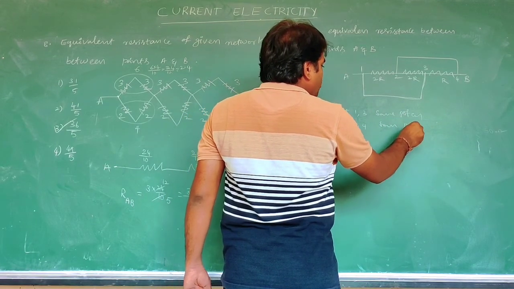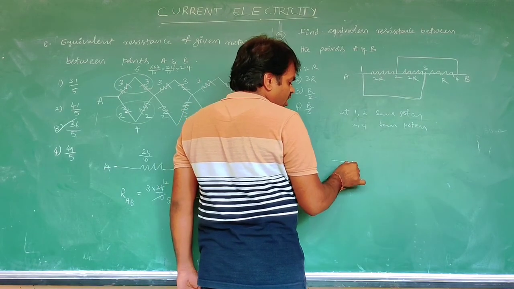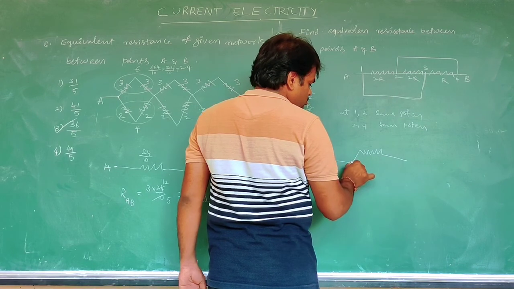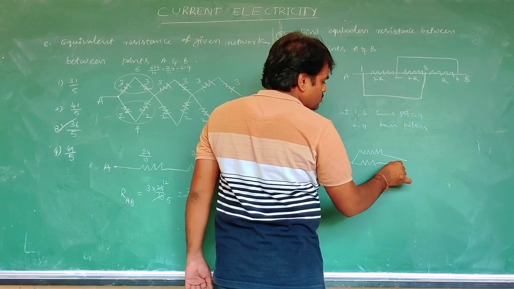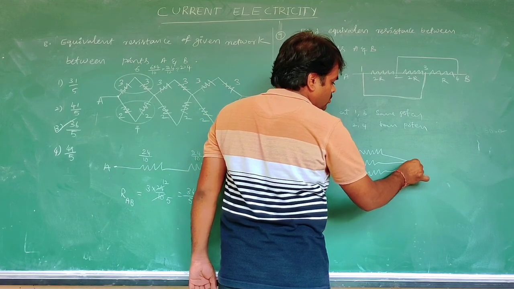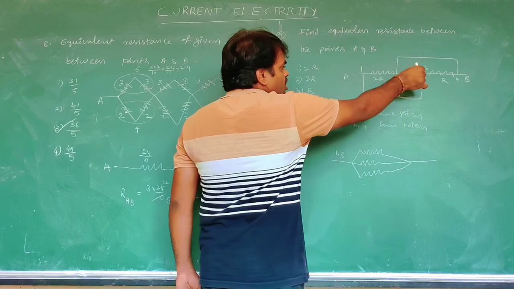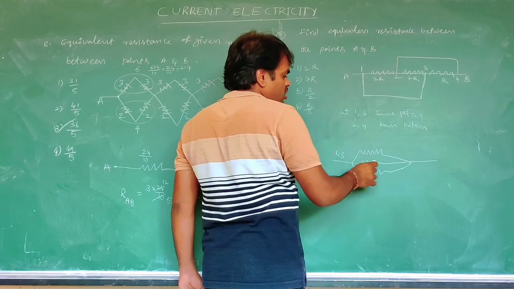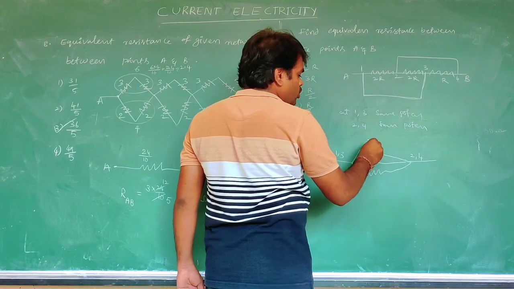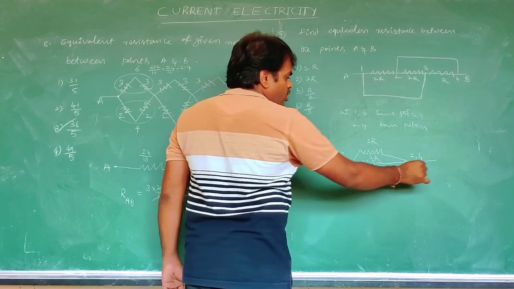Same potential means the connections will be the same. Then you write like this: here 1 comma 3, this connection gives 1 comma 3. This connection gives 2 comma 4. Then 2R, 2R. That is A and B.